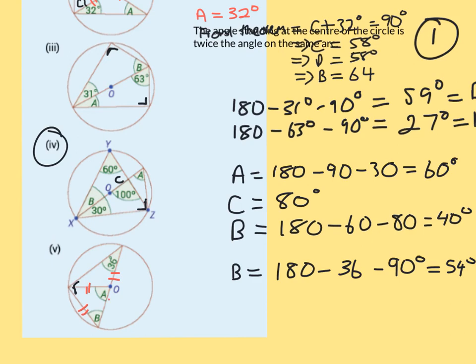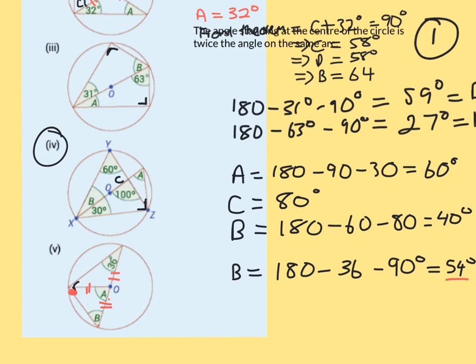So if I have radii, oh sorry, not there, what am I doing? Not there, rub that out, it's going to be here. Okay, a radius being from the center point to the circumference. Okay, what I had there was the chord. So now I can see that if angle B is 54 degrees, which is what we just said, then this angle here is going to be 54 degrees as well.